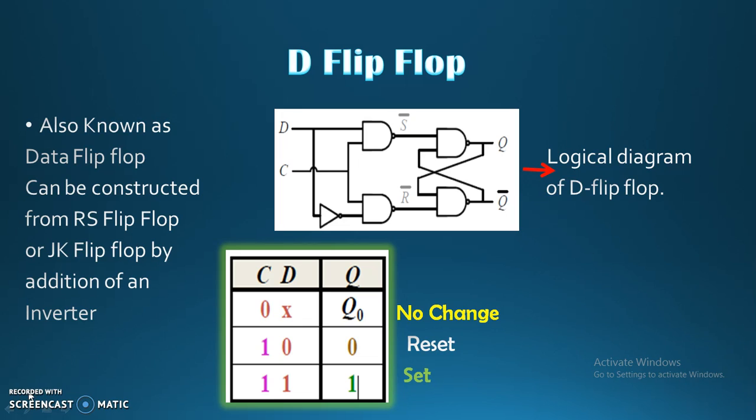It has only one input, referred to as the D input or data input. If D equals 1, J or S equals 1 and K or R equals 0, therefore Q equals 1. And if D equals 0, S or J equals 0 and K or R equals 1, therefore Q equals 0, as shown in the truth table.